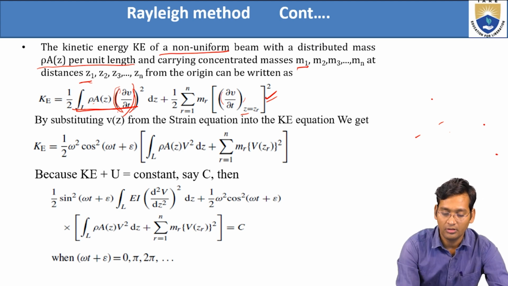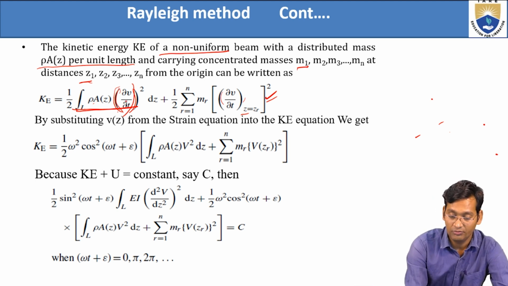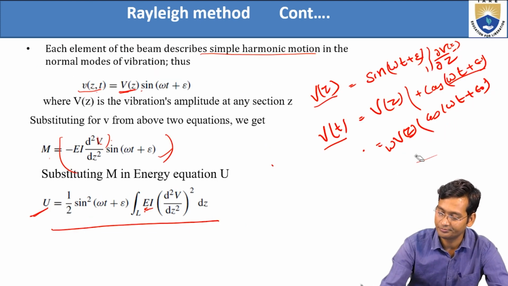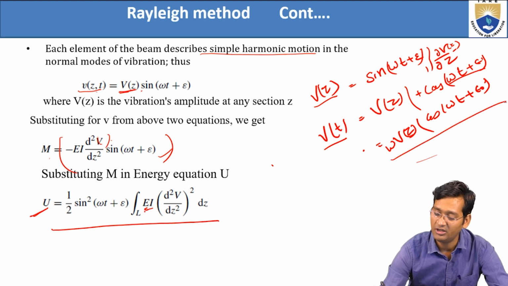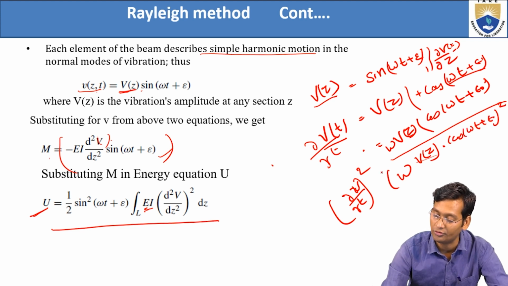Okay, so now after this one, (∂v/∂t)². So it is (∂v/∂t)², not ∂²v/∂t². Here we have to put ∂v/∂t. So ∂v/∂t is what? This one, right? Make it a square of this one. So (∂v/∂t)² is what? Omega Vz into cos(ωt + ε), whole square, right?